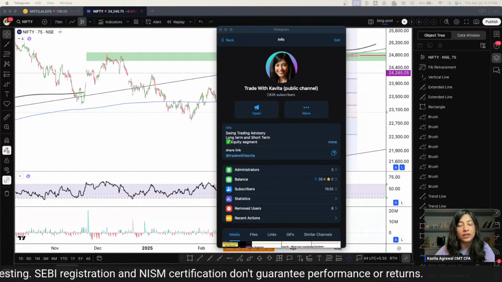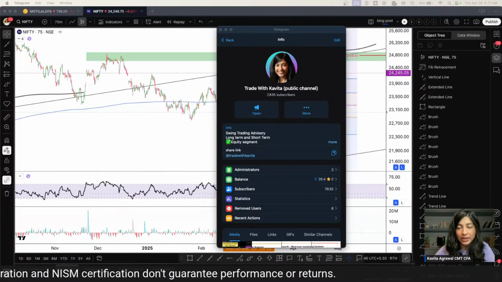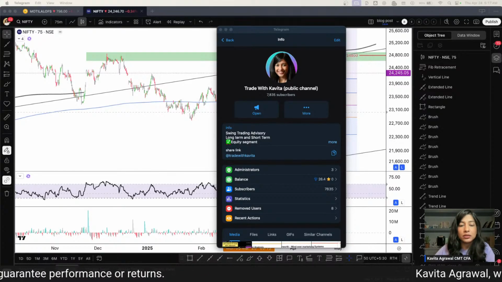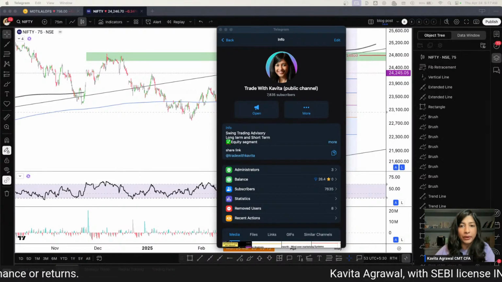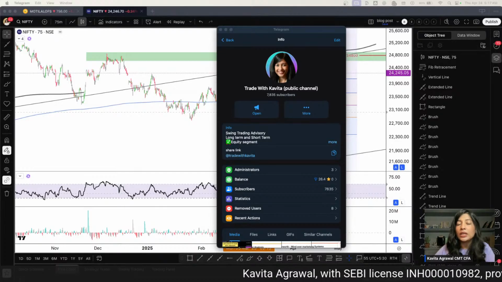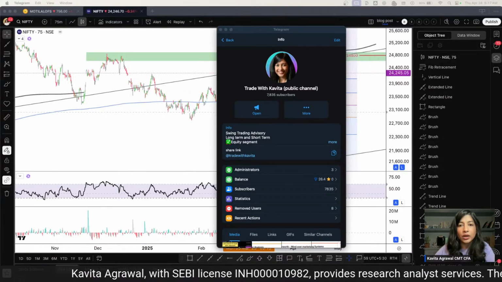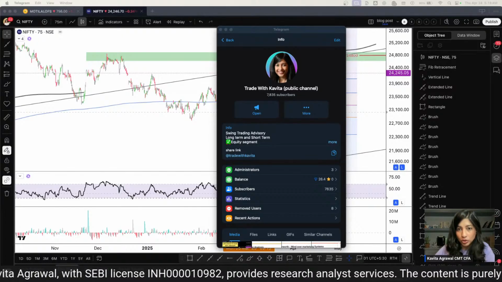Always have safeguards in place, always have your stop losses in place, because even if the charts indicate that the momentum is positive and is expected to stay so for a long time, there is no guarantee. It is not an unchallengeable truth.